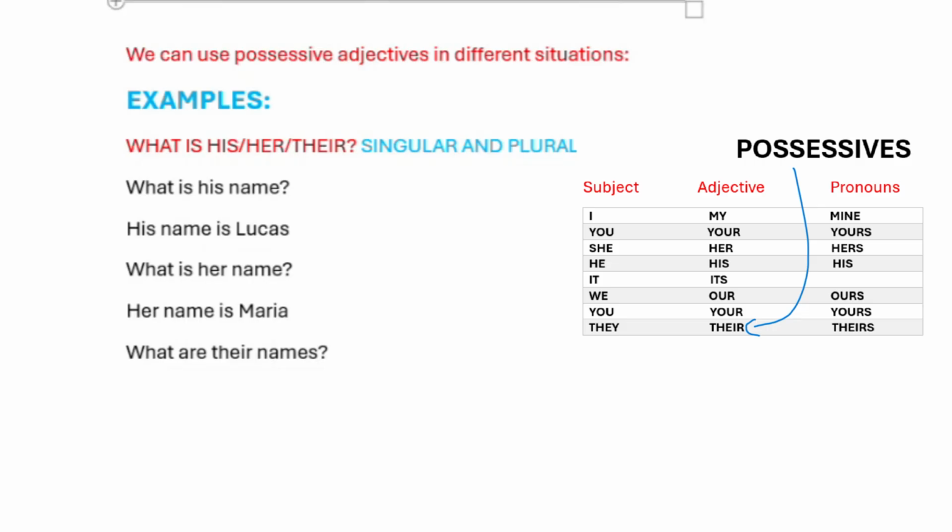The group of people. What are their names? Their names are Luis, Lucas, Maria, and Pedro. In this case it is the plural form.